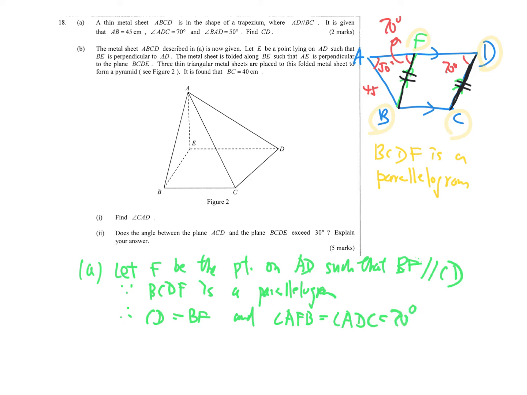All right, so for this, we have 70, we have 45. Here is a corresponding pair of angle and side, and also 50 and BF, they also form a pair of corresponding angle and side. As a result, we can use the sine formula to help us solve this.